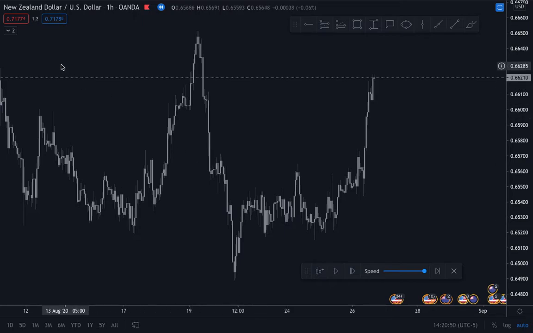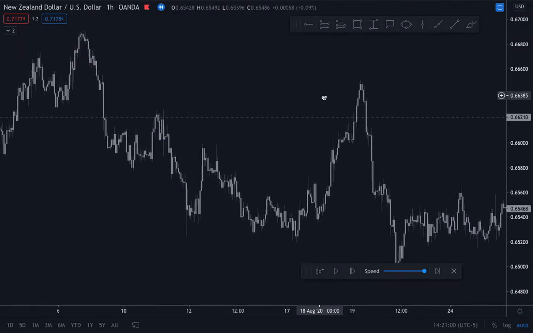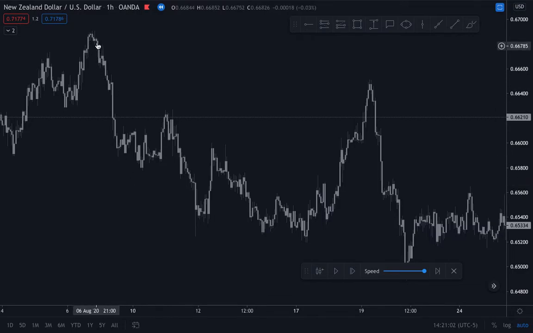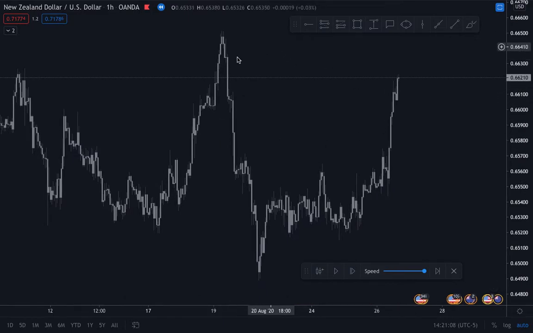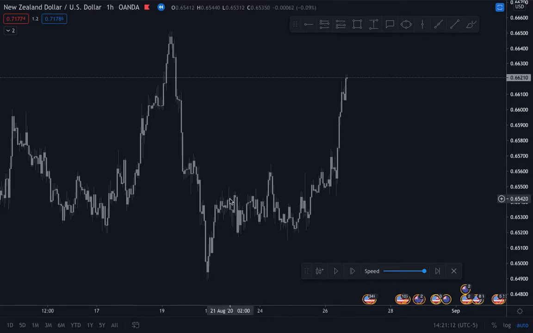We are on the NZD USD chart on the 1 hour. As you can see, we formed a recent high. We're in a bit of a downtrend. You can see lower highs, and then price came up, and now again, what seems to be a lower high, but don't know that yet. Let's just see what happens.